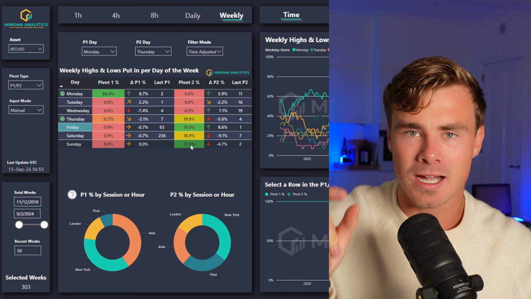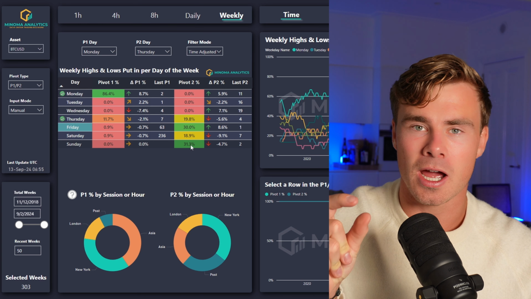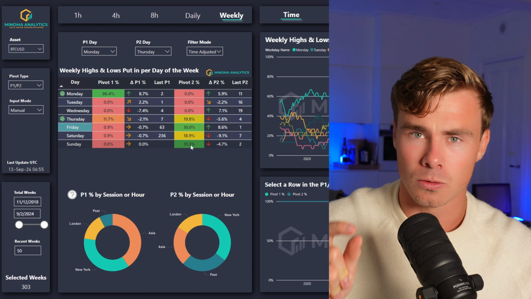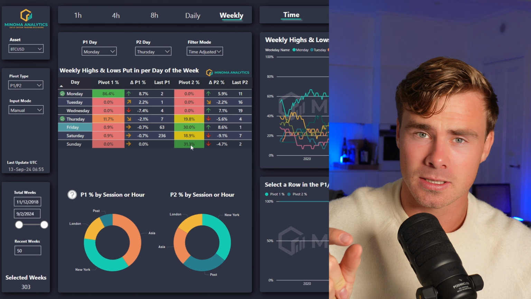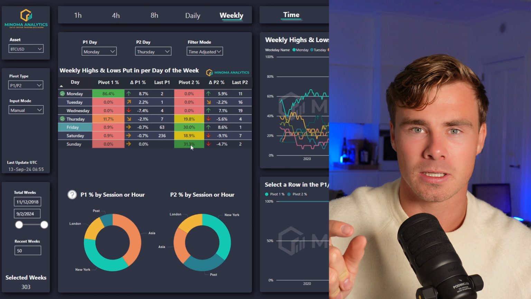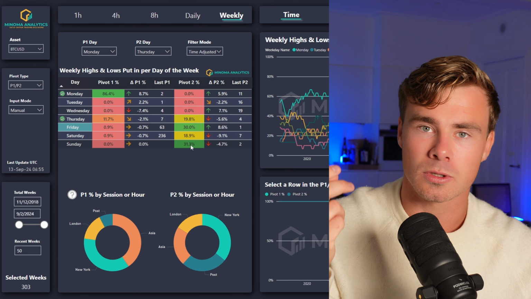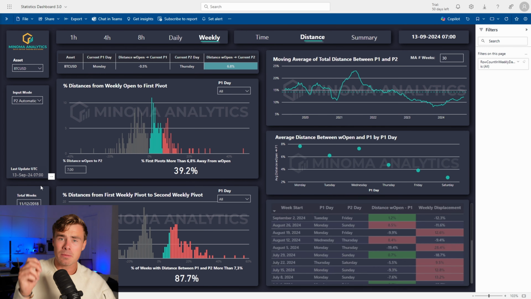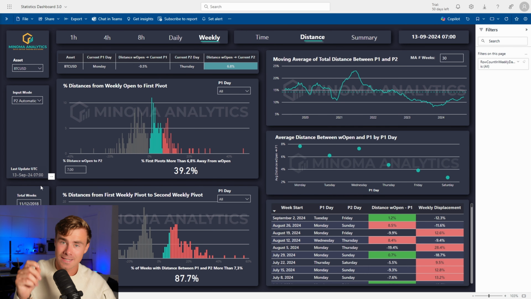So the weekly timing statistics are showcasing a very high probability of the current weekly low to hold and a very high probability for the weekly high to be broken, which means that there's a high probability for further bullish displacement towards the upside.